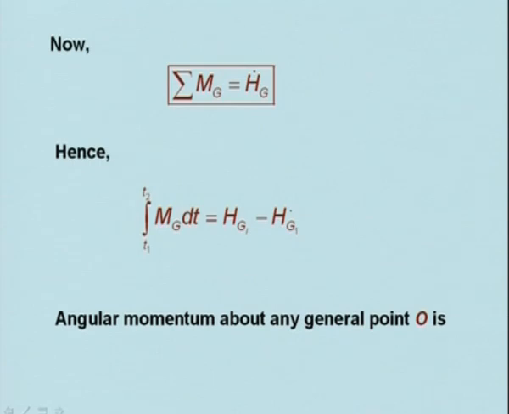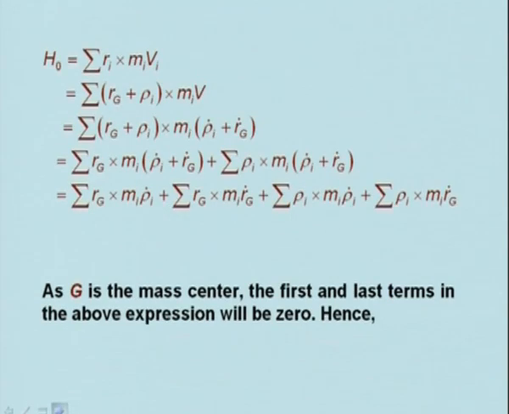Now we discussed angular momentum about the center of mass. Now let us discuss angular momentum about any general point O, that is Ho is equal to sigma Ri cross mi Vi, that is sigma (Rg plus rho_i) cross mi Vi.